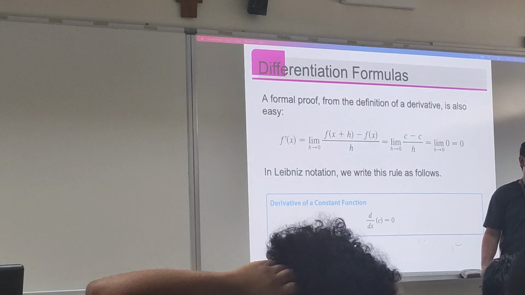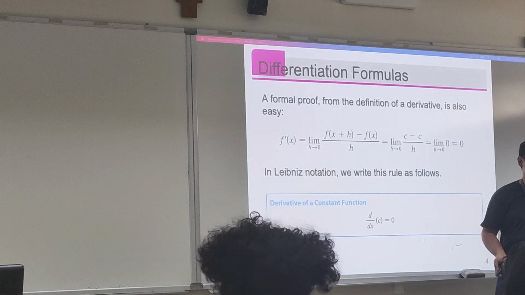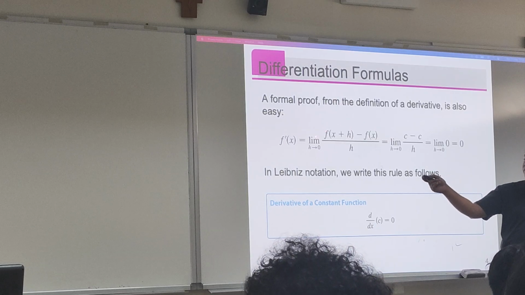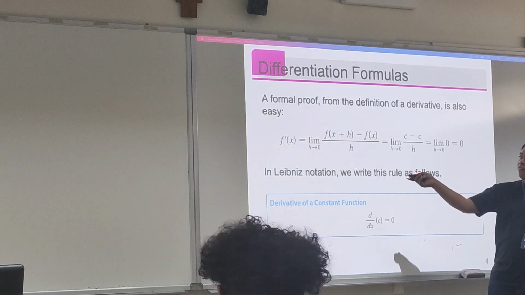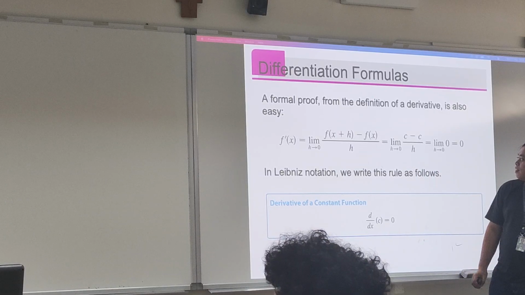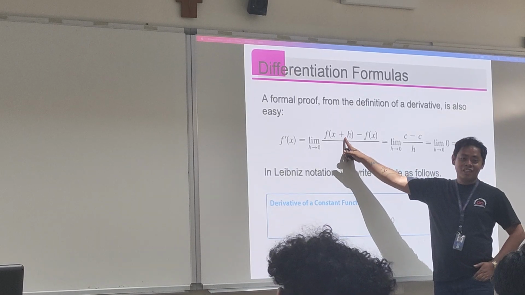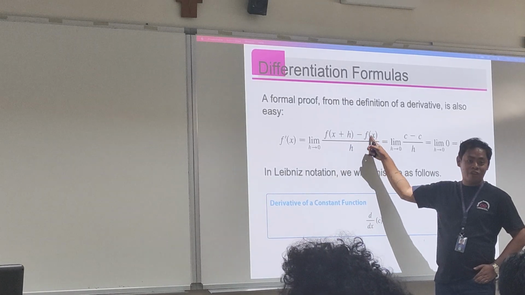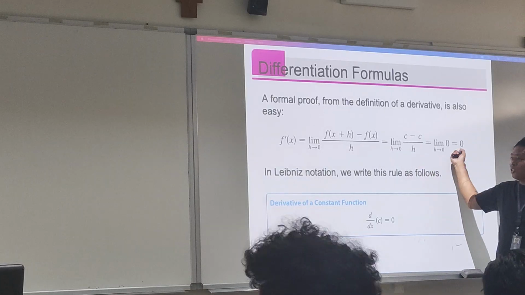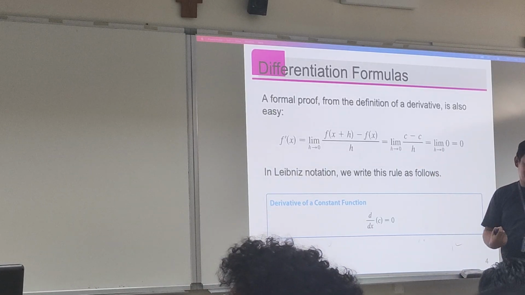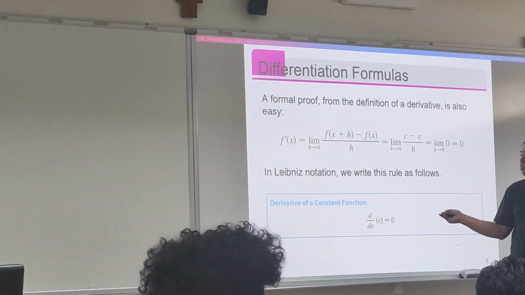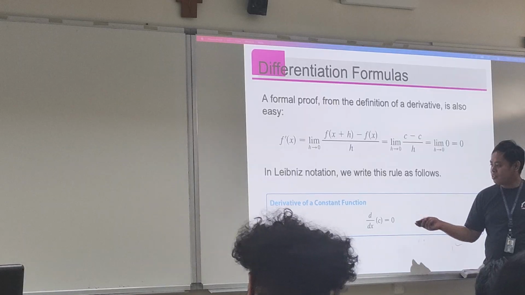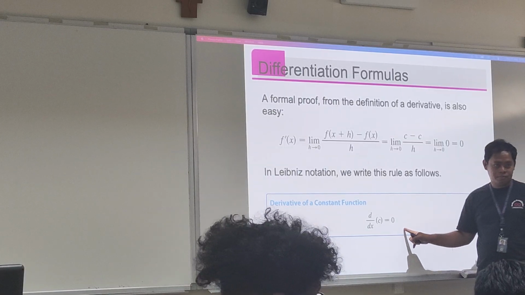We can always prove that using the definition of derivative: f prime of x is equal to the limit of f of x plus h minus f of x, over h. Since it is a constant, there is no variable, so it is just c minus c, divided by h, so it is 0. So the derivative of a constant function is 0.